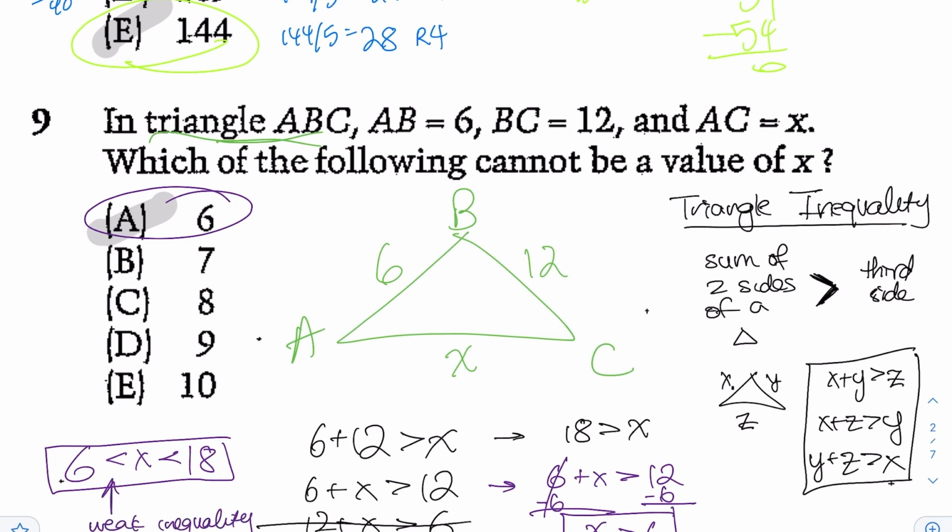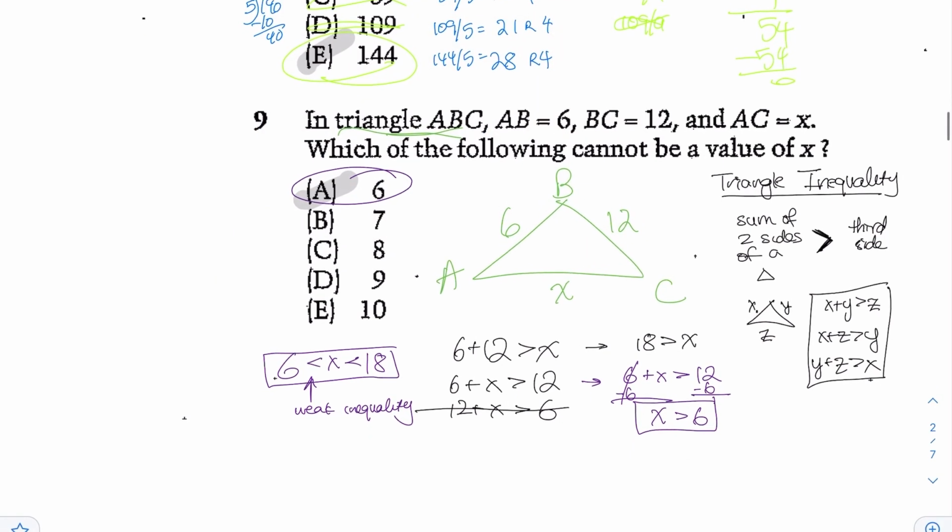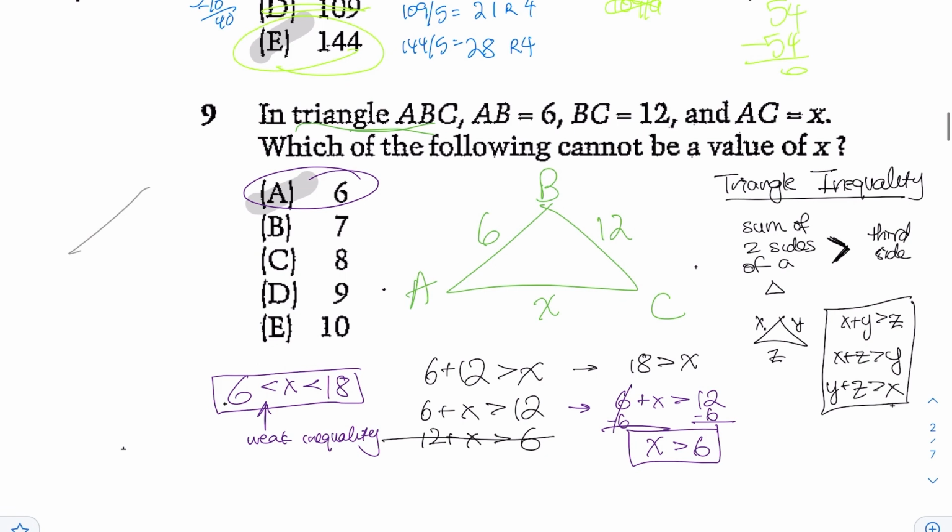And now we can actually do a guess and check as well, because if you try to draw a triangle that is a 6, 6, 12 triangle, we'll see that that triangle doesn't really exist. If you draw this more to scale, if the base is equal to 12 and this side is equal to 6 and the other side is equal to 6, they can't meet unless you swing both of these points down.